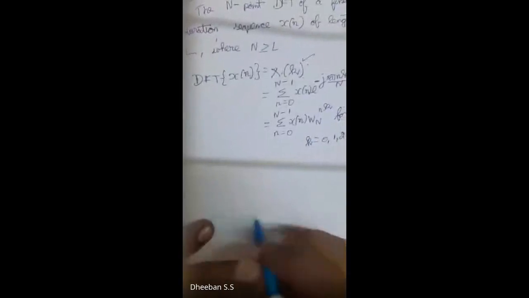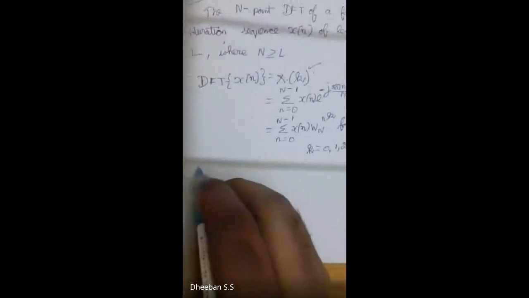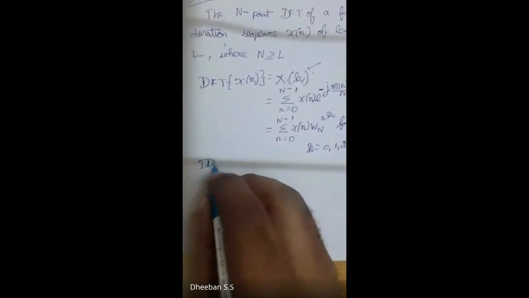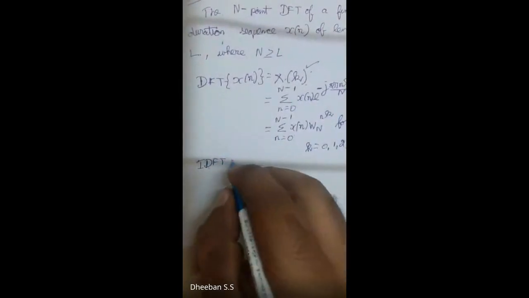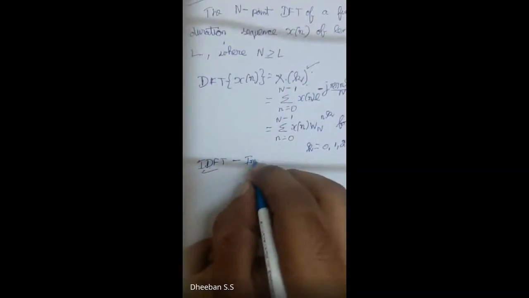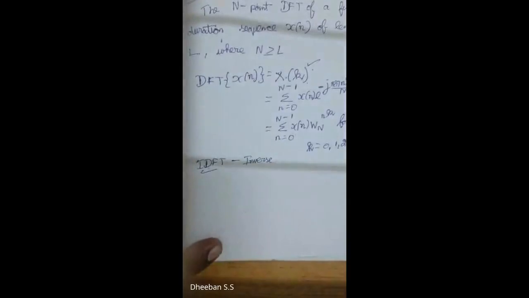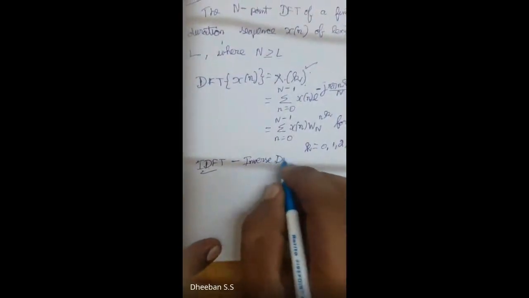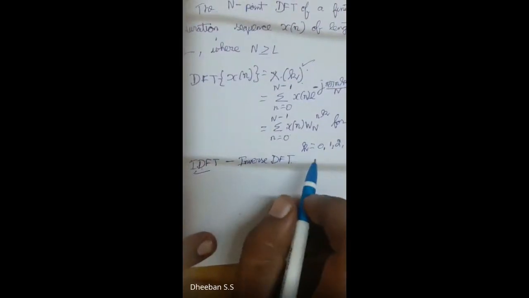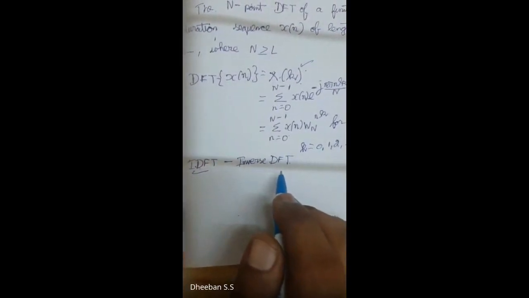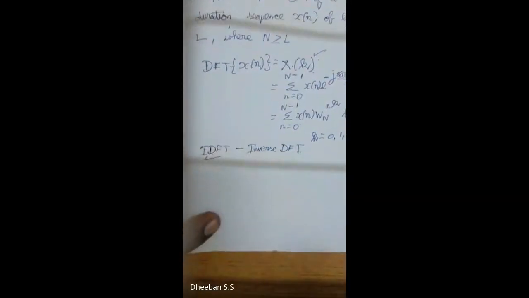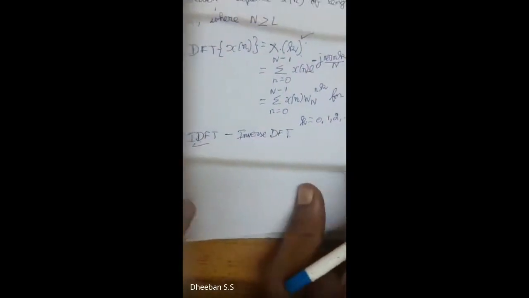The inverse is just the reverse process. IDFT is nothing but the inverse DFT. For the inverse DFT, you will have the x of k, and what you need is the value of x of n. That's the reverse process we will be doing.